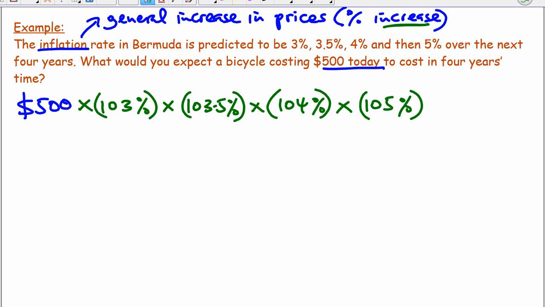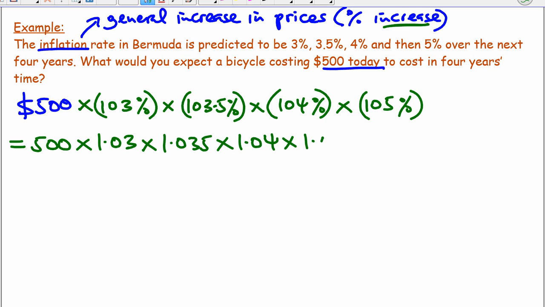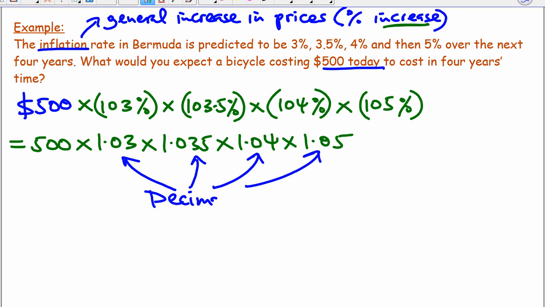So basically what I'm going to end up with here is 500 multiplied by, now I'm going to convert all these into decimals. So I'll end up with 1.03 multiplied by 1.035 multiplied by 1.04 multiplied by 1.05. By the way, before I even work it out, remember all these are what we call decimal multipliers.